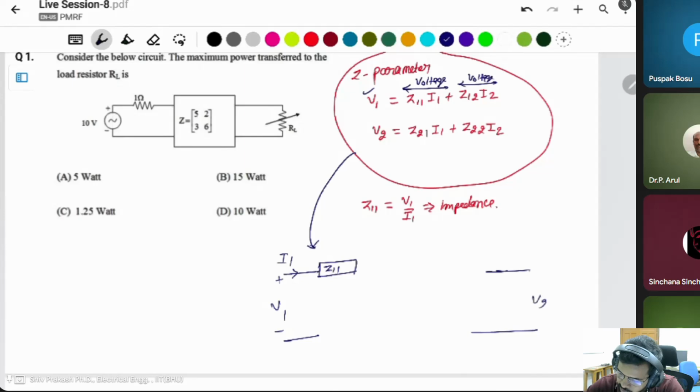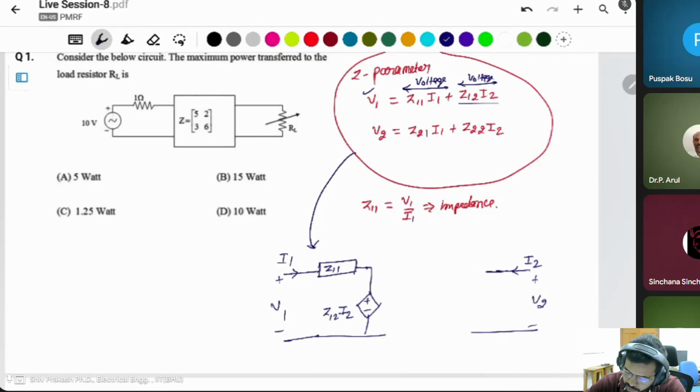Suppose this is V2 and I2. This current is transferred to the primary side. This whole part is a voltage that depends on the current I2, so it is a dependent voltage source, Z12 I2.